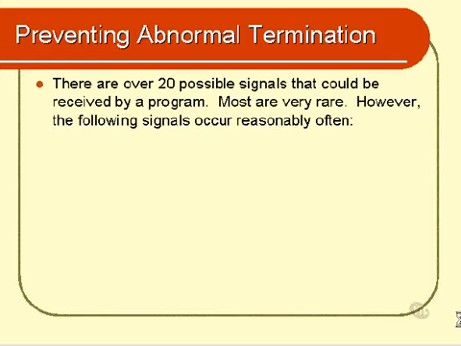So I need to mention the different types of signals that are available. I'm not going to go through all of them because there's a great deal of them, and they actually vary from one Unix to the next. There's typically over 20 of them, and most of them you'll never see in the course of your programming life. But there are a few that do occur reasonably often, and I'll tell you what they are and when they typically come up.